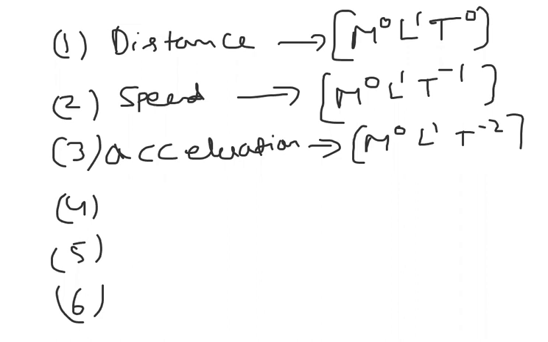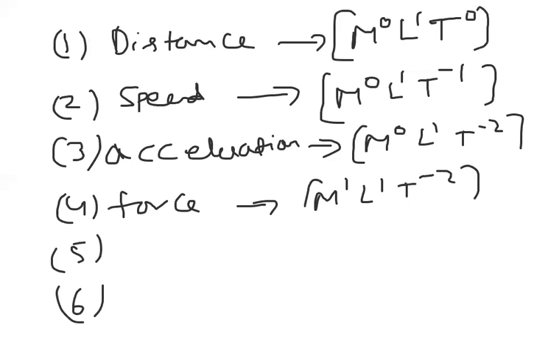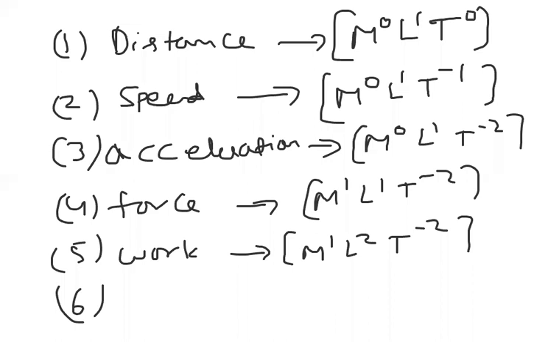Next, force dimensional formula M1 L1 T power minus 2, and work dimensional formula M1 L2 T power minus 2. Again, pressure dimensional formula is M1 L power minus 1 T power minus 2.